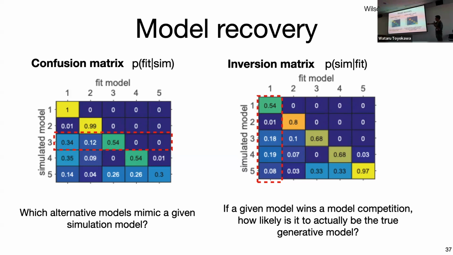In this situation, recall that this is equivalent to this matrix here. Model 1 was really good at capturing itself, but it was also capturing a bunch of these other models, so it was overfitting other models. This inversion matrix reveals problems that the confusion matrix may not make obvious: when model 1 wins, it may not actually be the true generating model.